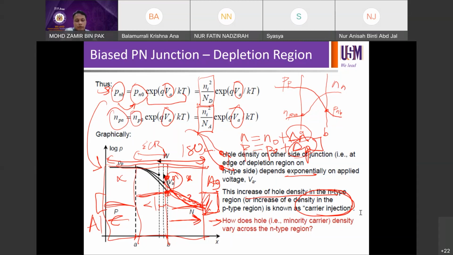So if you want to relate this to what happens to the minority carriers under applied bias condition, forward bias, you have to go back to the barrier height before you can start telling stories about what happens next. When you apply the forward bias, what happens to the barrier height?